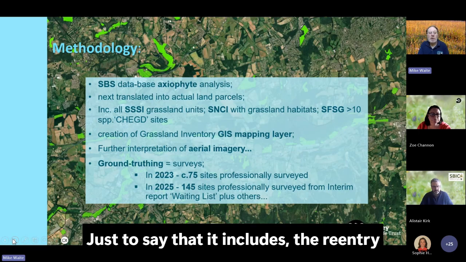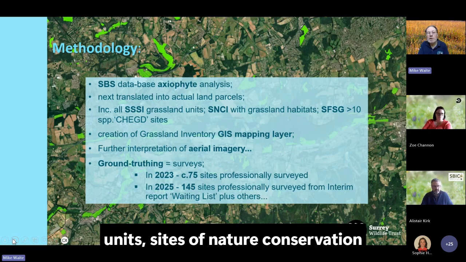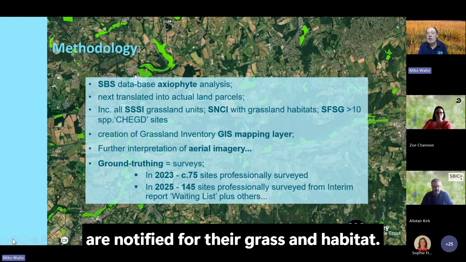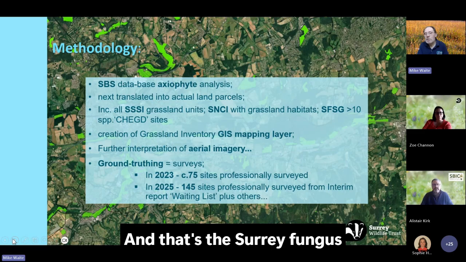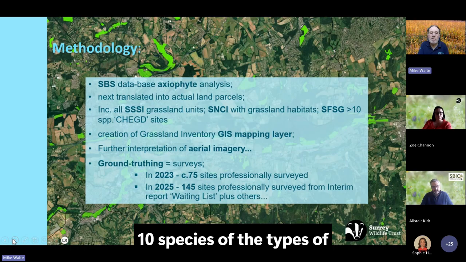Just to say that the inventory includes all SSSI grassland units, and sites of nature conservation importance with grassland that are notified for their grassland habitats, and that's the Surrey fungus study group that I was just saying, over 10 species of the types of fungi.